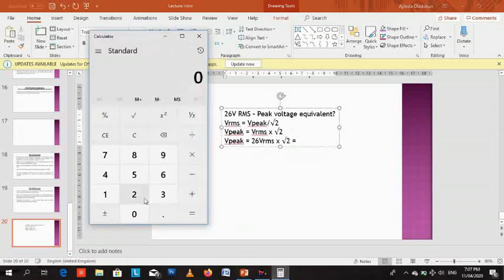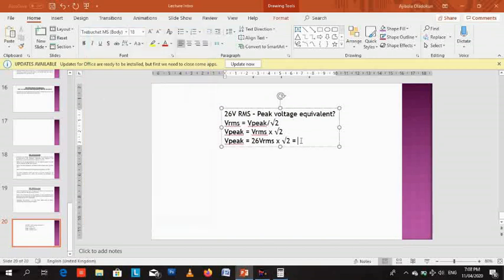Root of 2 first, then multiply by 26. That gives us 36.769, which is 36.77 if you approximate it. So 36.77 volts V peak.